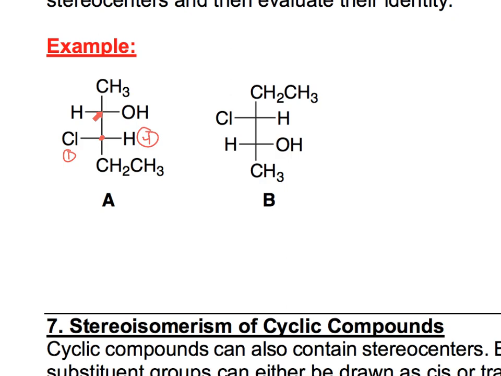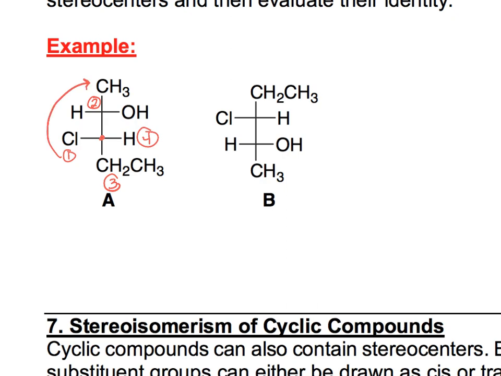Attached to this carbon is a carbon, a hydrogen, and an oxygen. So this carbon wins. This is priority number 2. The oxygen breaks the tie. This would be 3.